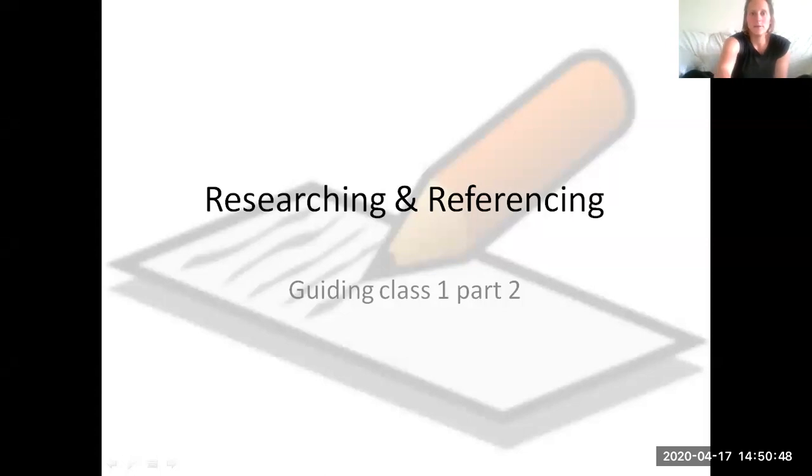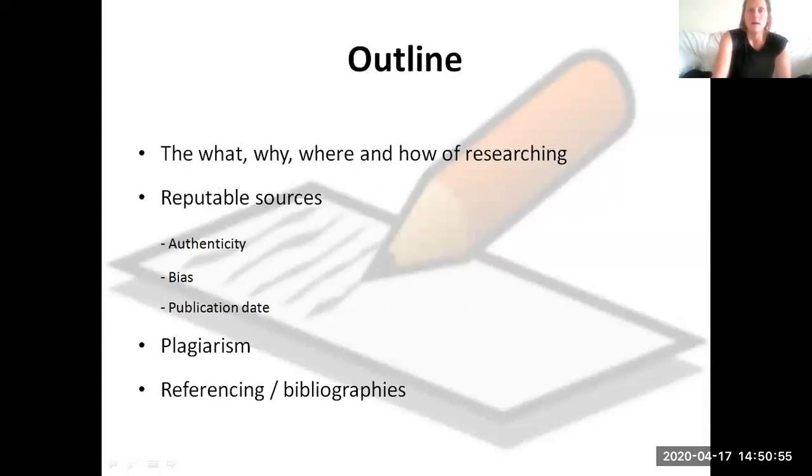All right, so researching and referencing, part 2 of week 1's class. In a nutshell, this is what we're going to be covering. The what, why, where, and how of researching. Reputable sources, so what is a reputable or credible source?